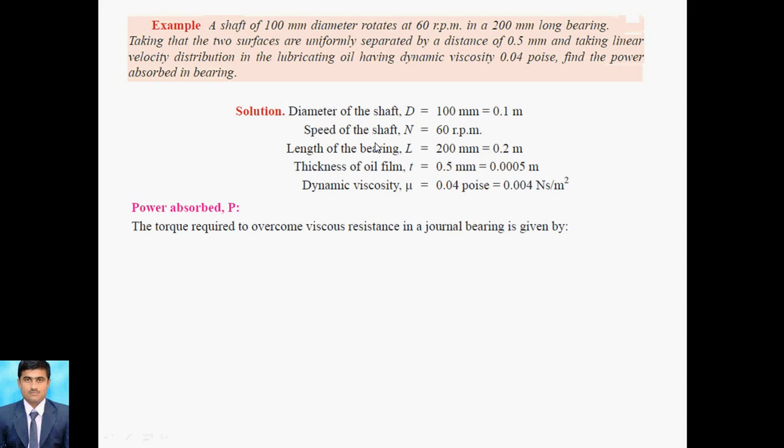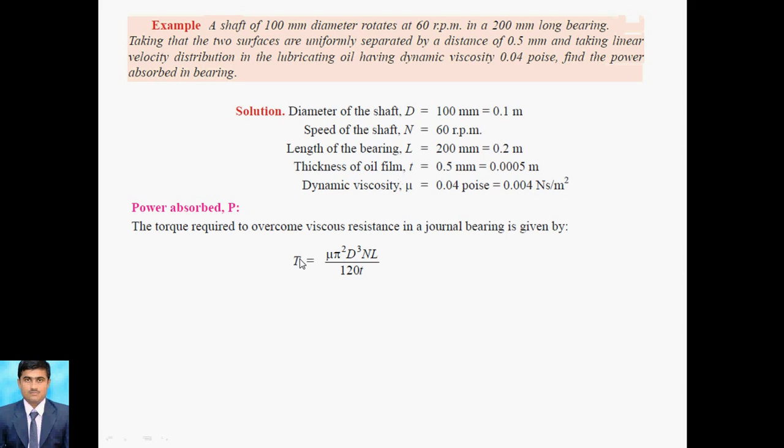And now we find out the power required, sorry, power absorbed. Here we know that the torque we have to calculate for journal bearing is like this, because already we discussed this formula. For calculation of power, P is equal to 2 pi N T by 60. So 2 pi N by 60 is known to you, 2 pi is constant, T is unknown.